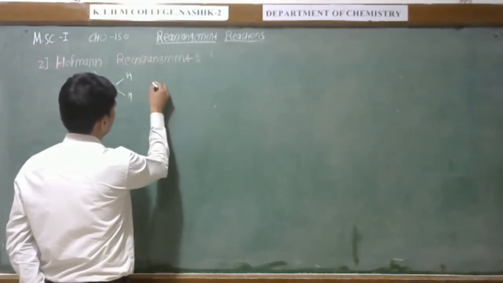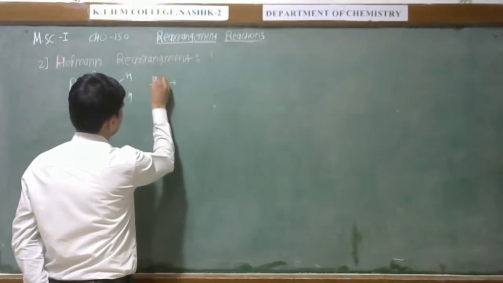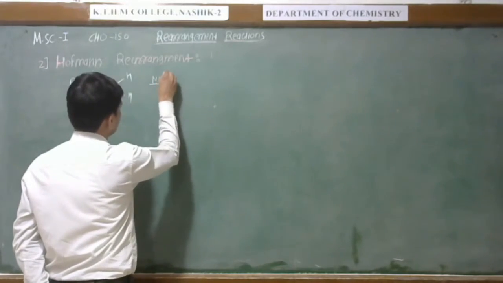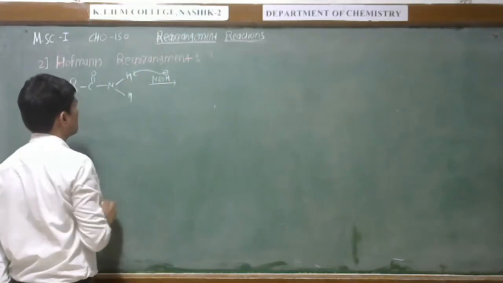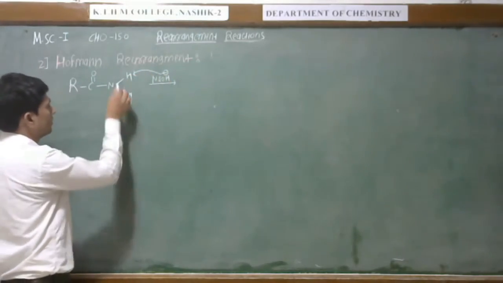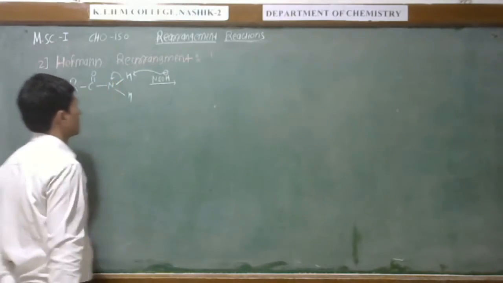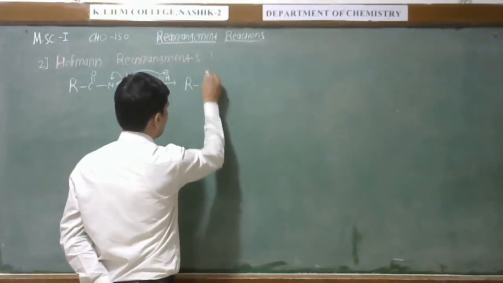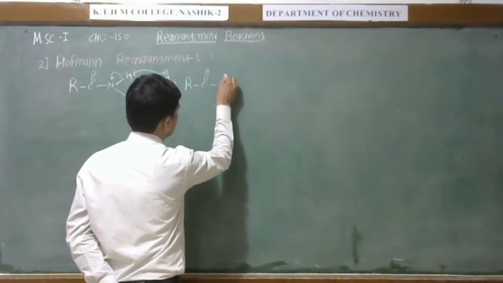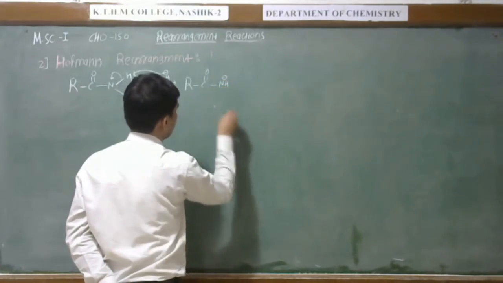When this amide firstly reacts with sodium hydroxide, the hydroxyl anion will take this proton from the amide, and there will be formation of a negative charge on the nitrogen, and we get the structure like this. This is the negative charge, this is the NH.